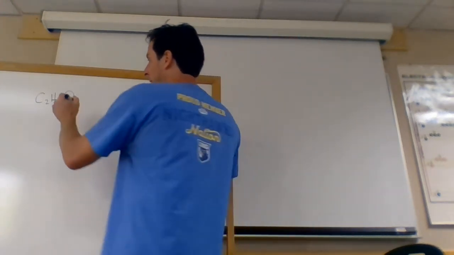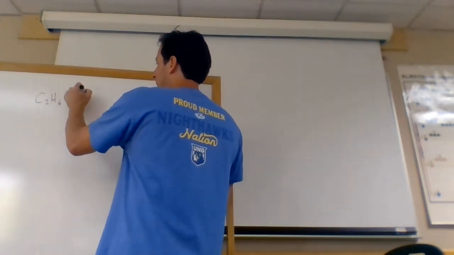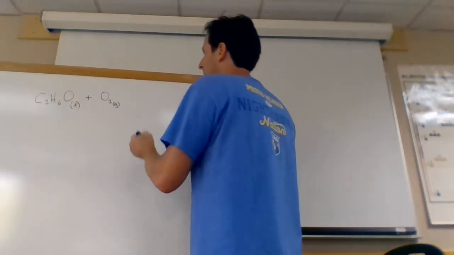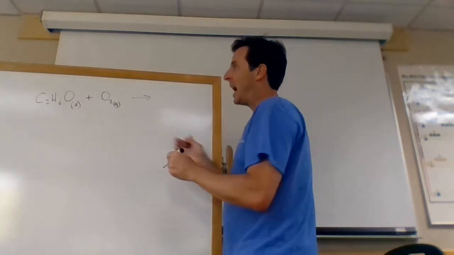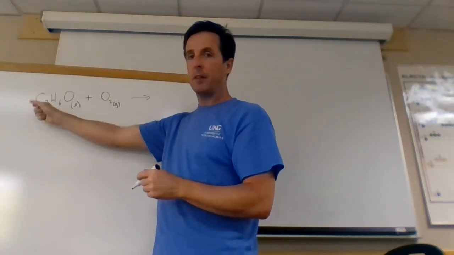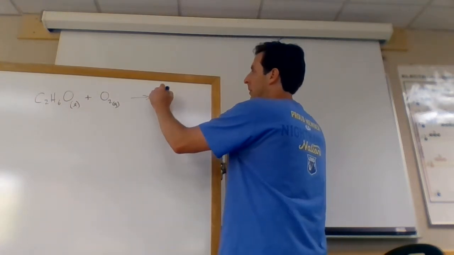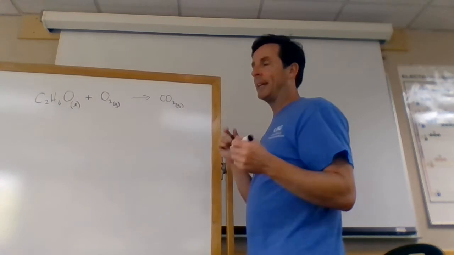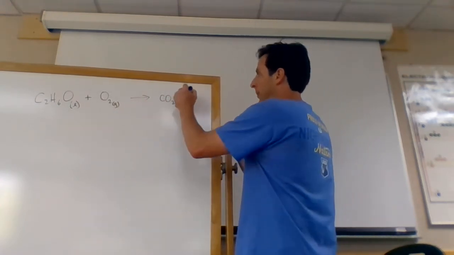Ethanol is a liquid. I'm going to burn it with oxygen gas. And then when I burn it, I'm going to make the oxide of the elements in my fuel. So I'm going to make the oxide of carbon, which is going to be CO2. And CO2 is a gas. And I'm going to make the oxide of hydrogen, which is water.